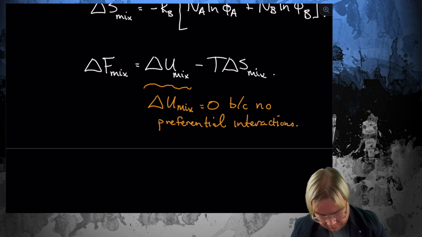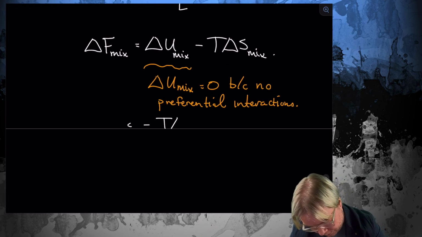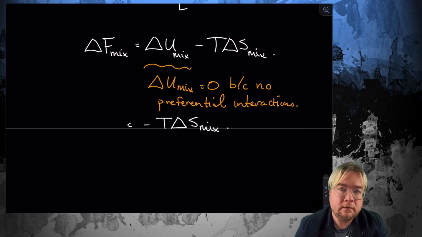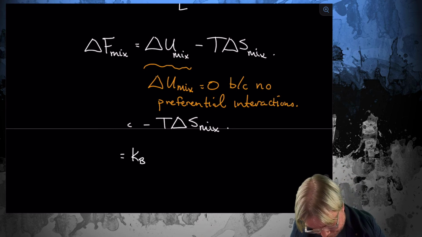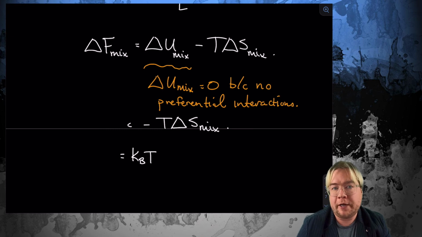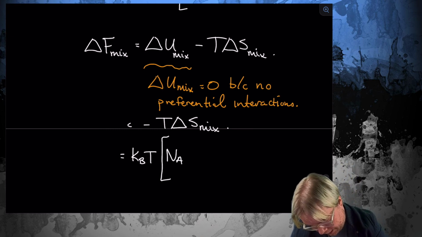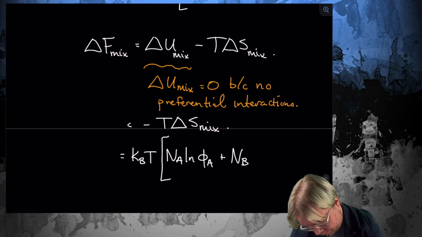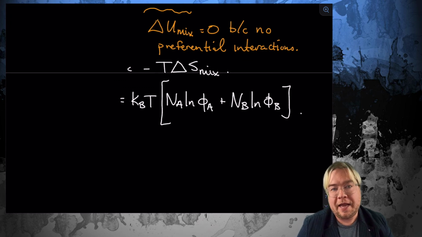Great. So that means then that the free energy of mixing is just going to be minus T times delta S of mixing. We already did that. So delta F of mixing is going to be plus KBT. That's our thermal energy scale. Multiplied by NA log of phi A plus NB log of phi B. And you can check yourself.